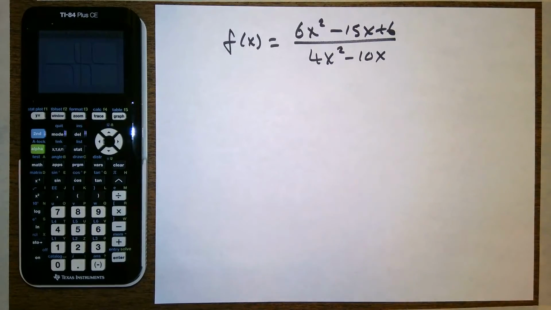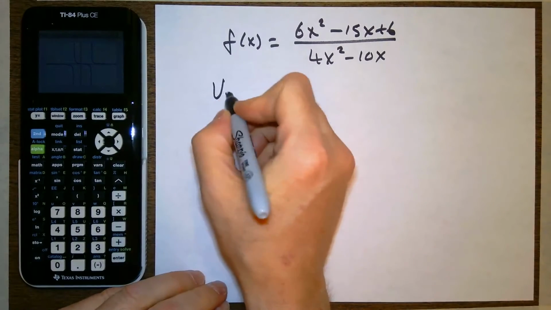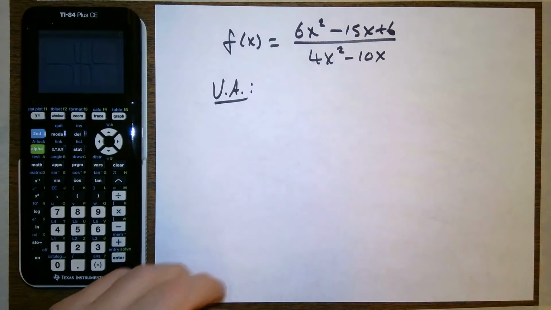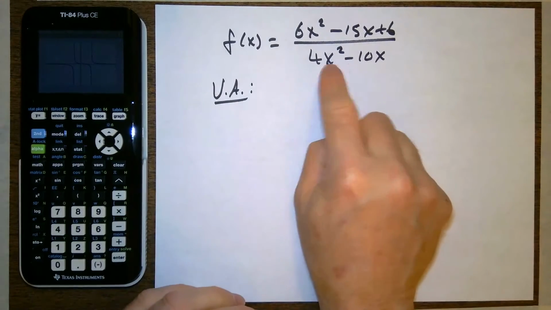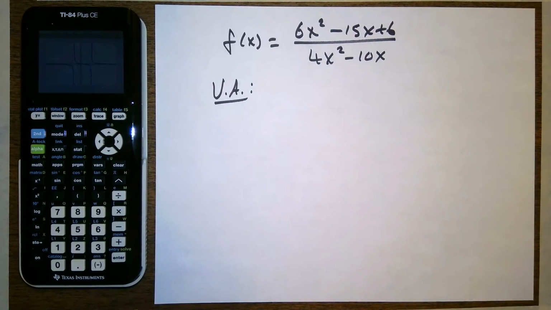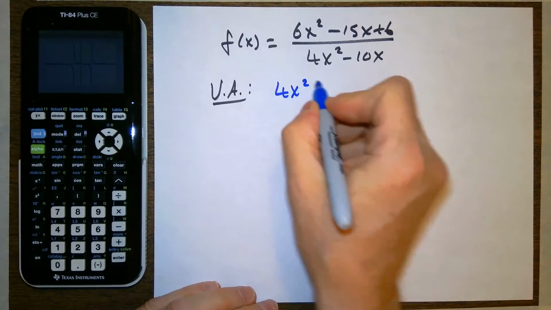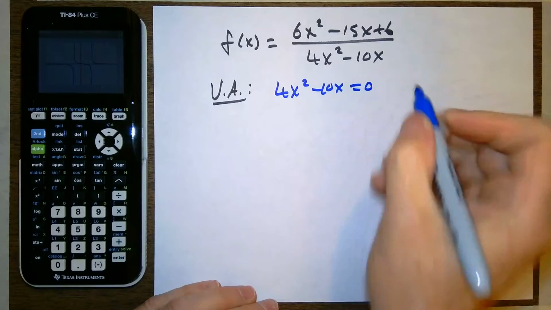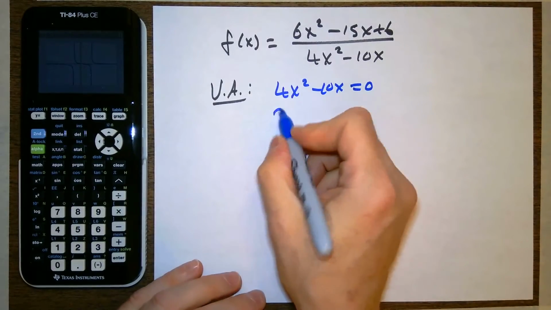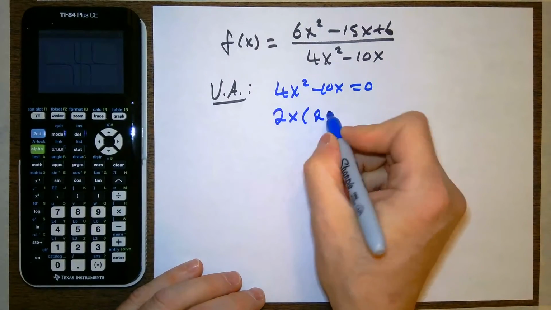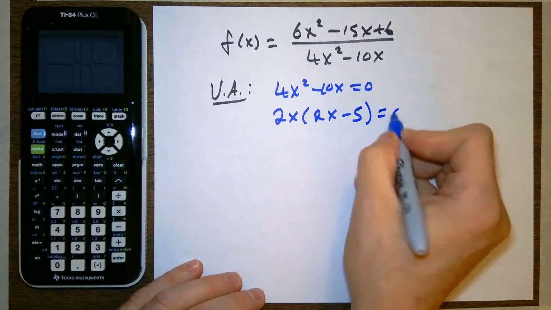The first thing I want to look for are my vertical asymptotes. The vertical asymptotes happen at the zeros of my denominator. So I'm going to set the denominator equal to 0 and solve. 4x squared minus 10x equals 0. I can factor 2x out, and I'm left with 2x minus 5 equals 0.